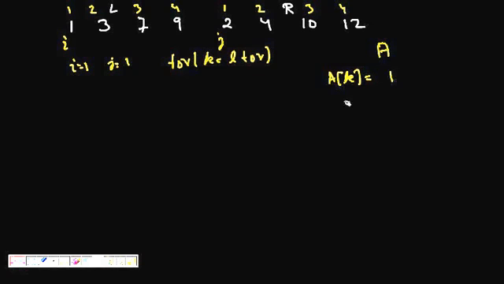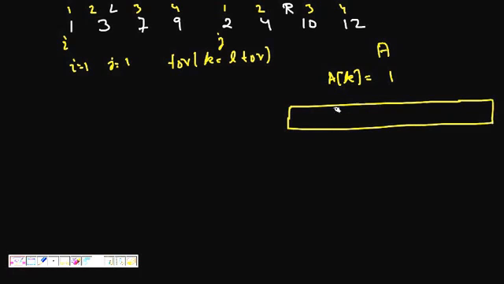We have to fill the array A here, which has 8 elements: 1 2 3 4 5 6 7 and 8. Since 1 is less than 2, I copy it into A[1] and it becomes 1. Then we increment i and it comes here.